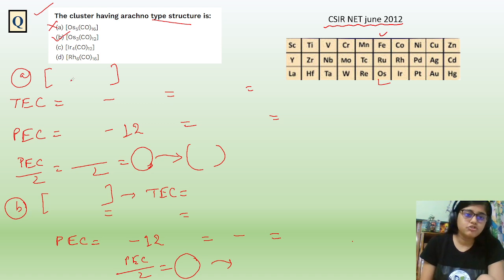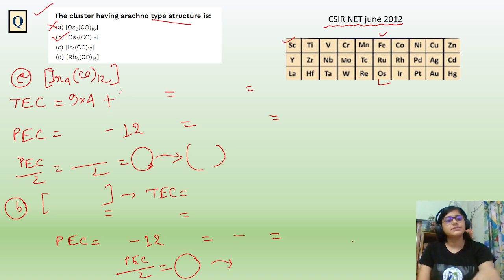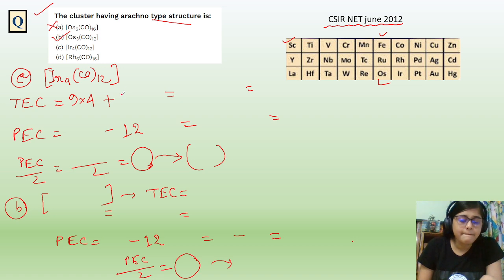Okay. So third option C. C is Ir4 CO12. So for you only, I have taken this table so that you can relate. So Ir is in which group? Ir is in cobalt group. Cobalt means 9. 9 into 4. Okay. TEC is 9 into 4 plus 12 into 2.